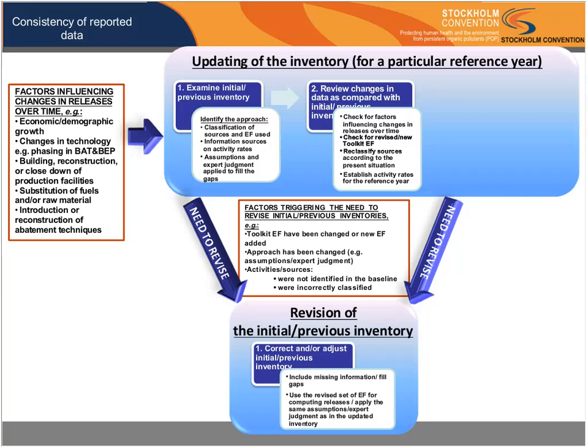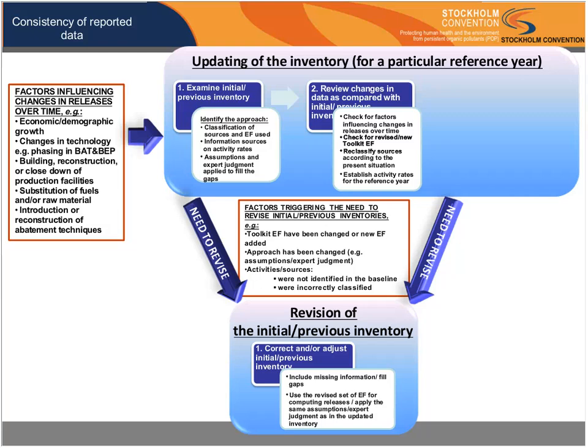This can be, for example, correction of past activity estimates or the discovery of sources that existed already in the past, but were not included in the initial inventory due to the lack of adequate information at that time.